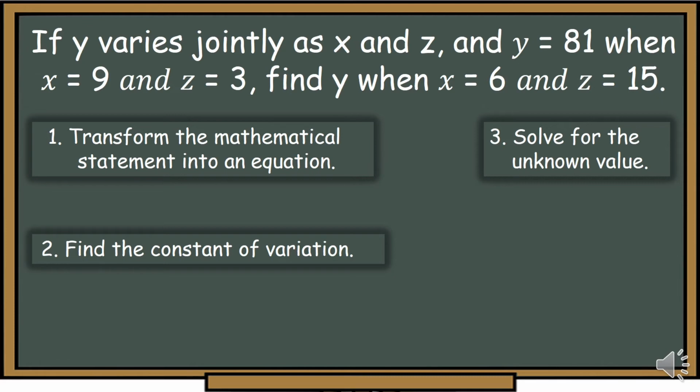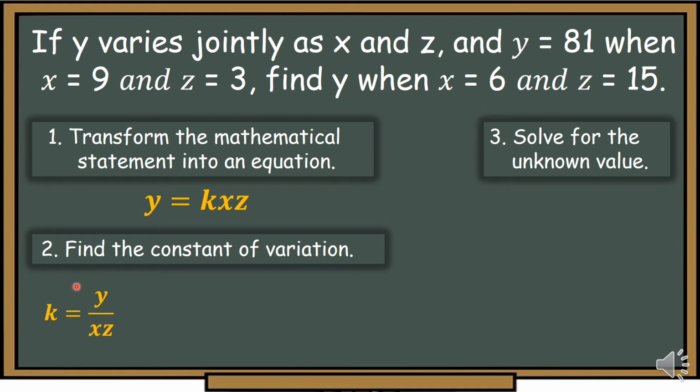Alright, in this statement, y varies jointly as x and z. The mathematical equation is y equals kxz. And in finding the constant or the value of k, we have k equals y over xz.